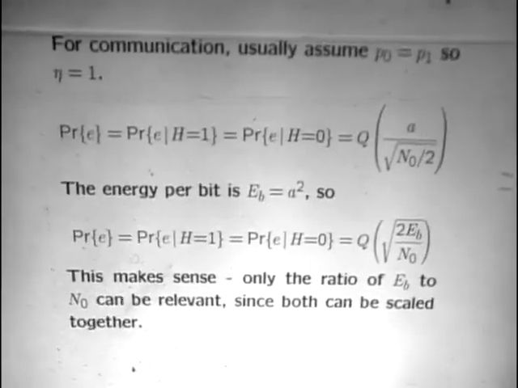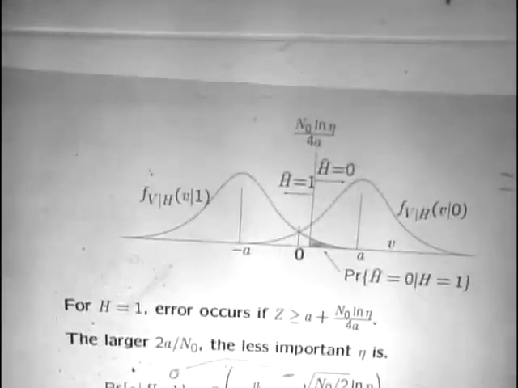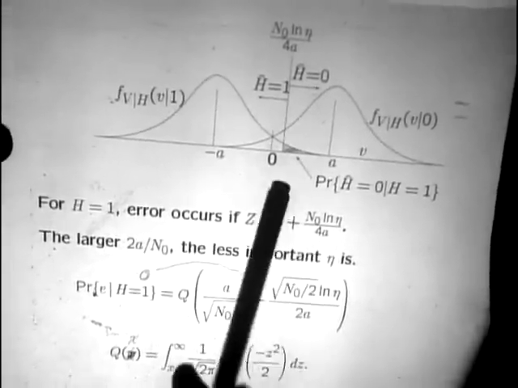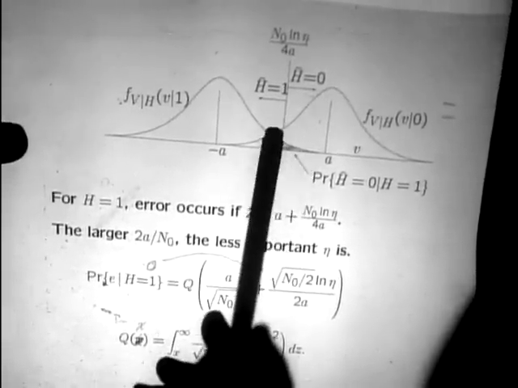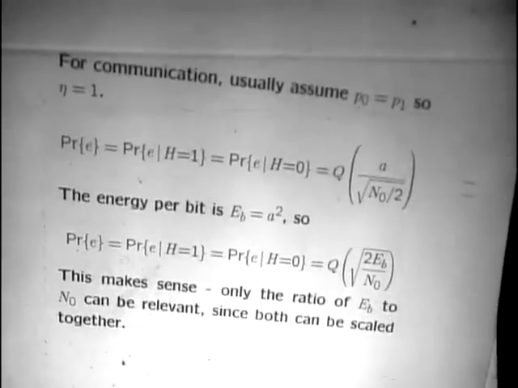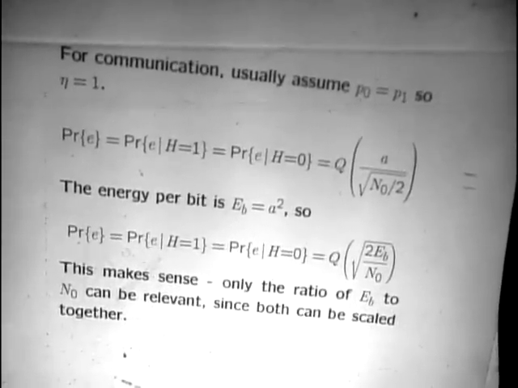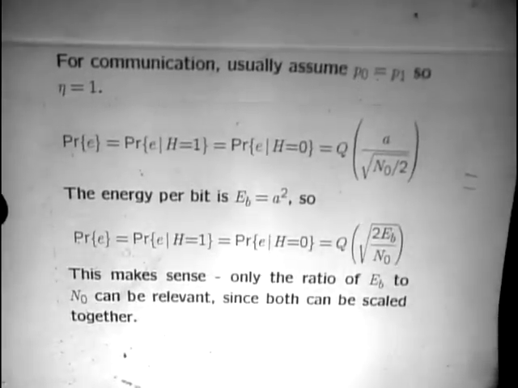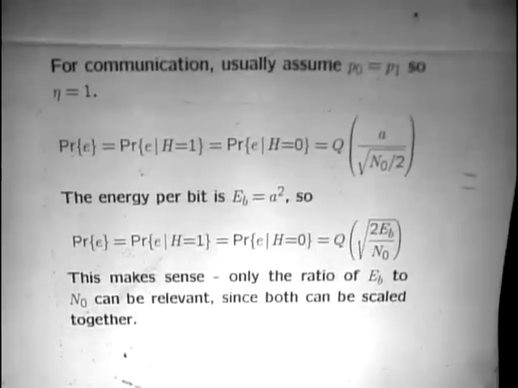In other words, these two tails here, when the threshold is equal to 1, you set the threshold right there. The probability of this tail is clearly equal to the probability of this tail, just by symmetry. So these two error probabilities are the same, and in fact, they are just Q of a over the square root of N0 over 2.